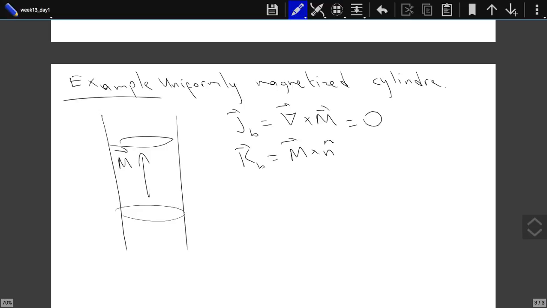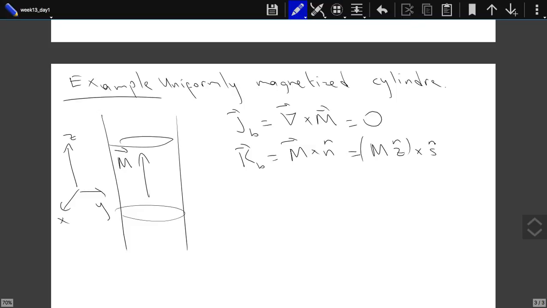It is m cross n hat. Well, in cylindrical coordinates, m is in the z direction. Let's choose this as our z direction, with x, y, and z coordinates. The z-axis is on the axis of the cylinder. So the normal direction is nothing but the s hat direction, the radially outward direction. So what is s hat cross z hat? It is parallel to the surface.